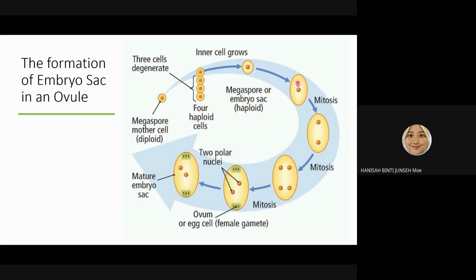Okay, kita tengok sini. So ini embryo sac kantung. Alright, so this is the parent cell. Bila undergo mitosis kan, kalau dia cell division of mitosis, the final product of the daughter cell will become 2.